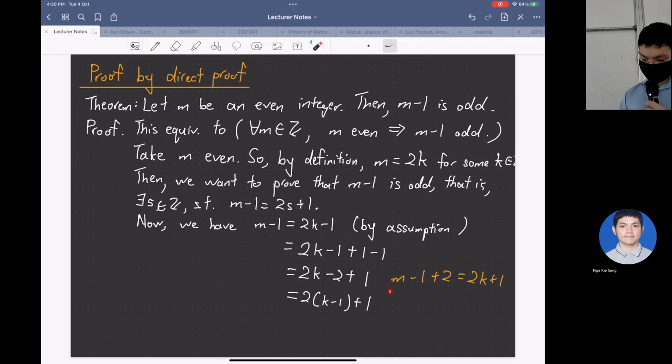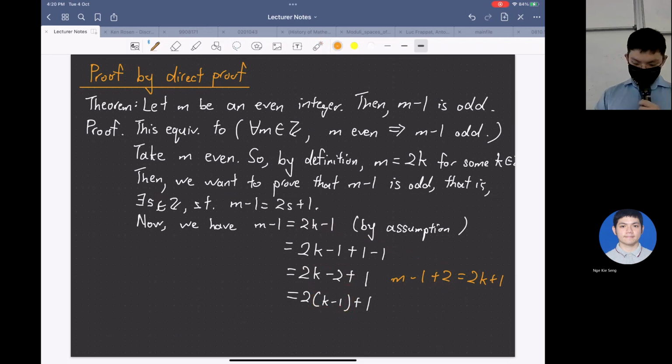No, this I don't want, because what this is saying is n minus one plus two is odd, but I want to prove n minus one is odd, right? So instead of moving the plus two to the left, I just put it here, and then I factorize.